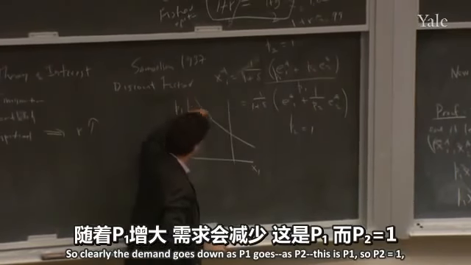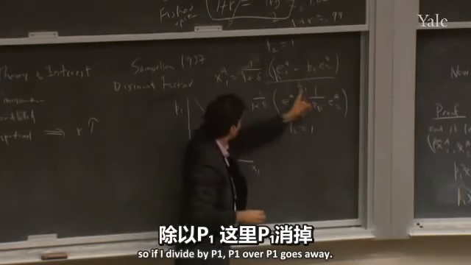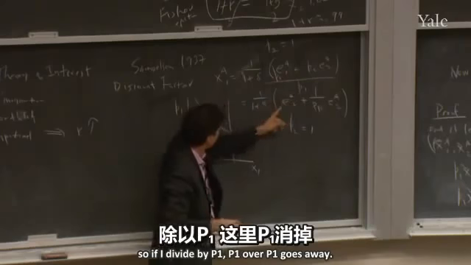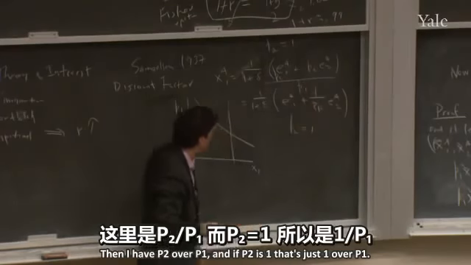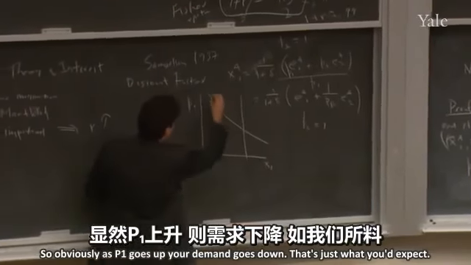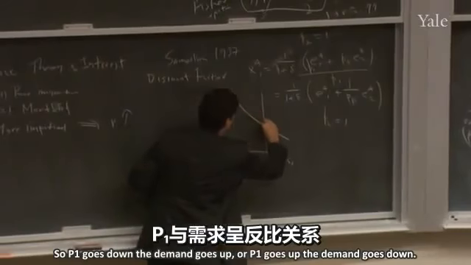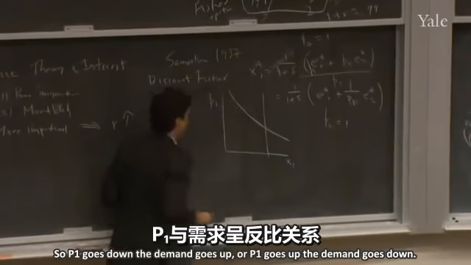Clearly the demand goes down as P1 goes up. If I divide by P1, P1 over P1 goes away, and then I have P2 over P1, and if P2 is 1, that's just 1 over P1. So obviously, as P1 goes up, your demand goes down. That's just what you'd expect.